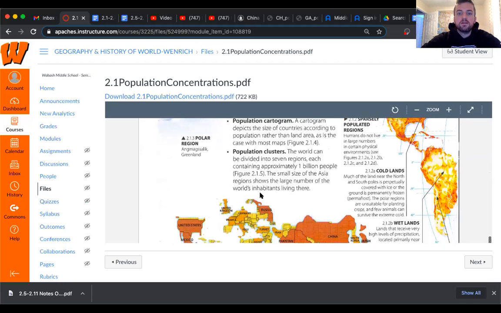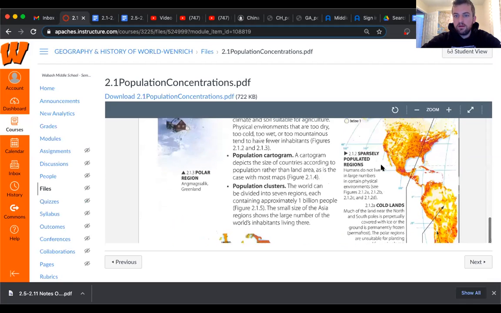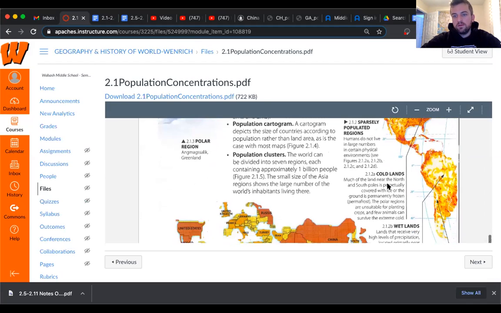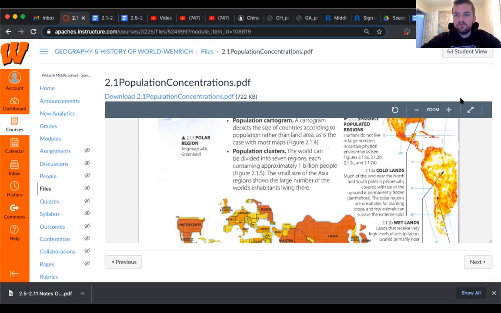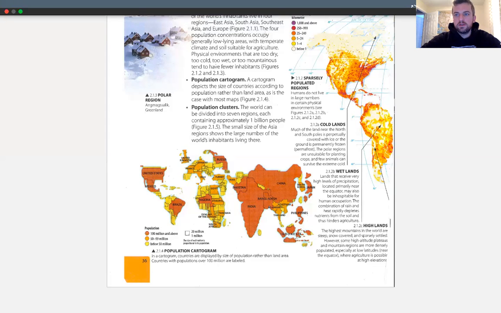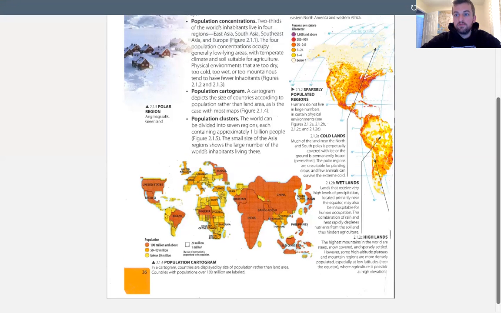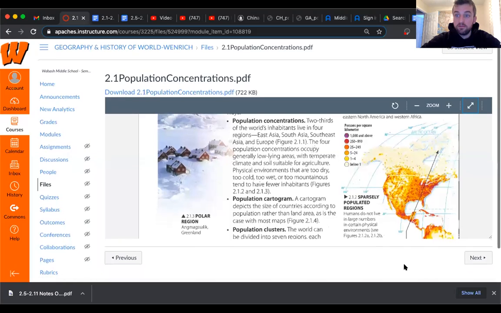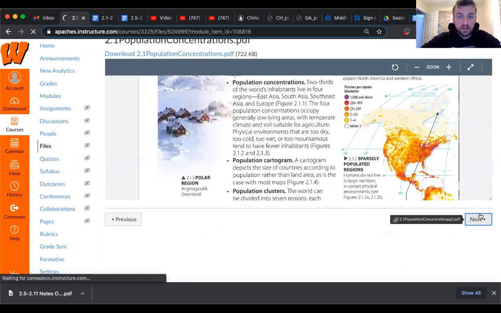And then here on the right side, let's just extend this out so you can see. You've got cold lands, wetlands, highlands, and on the next page, you're going to see another example of physical characteristics that prevent populations from getting in there.